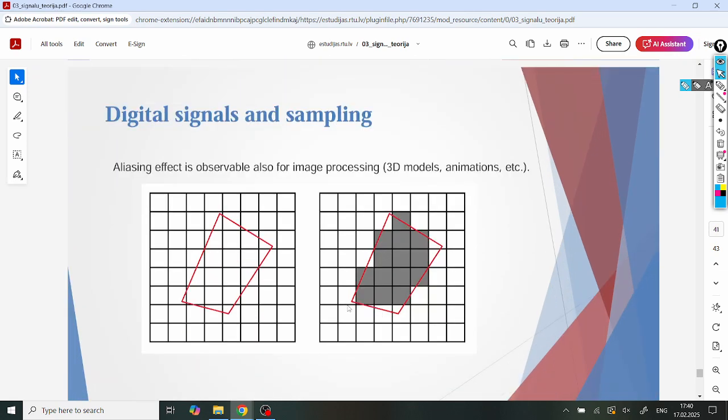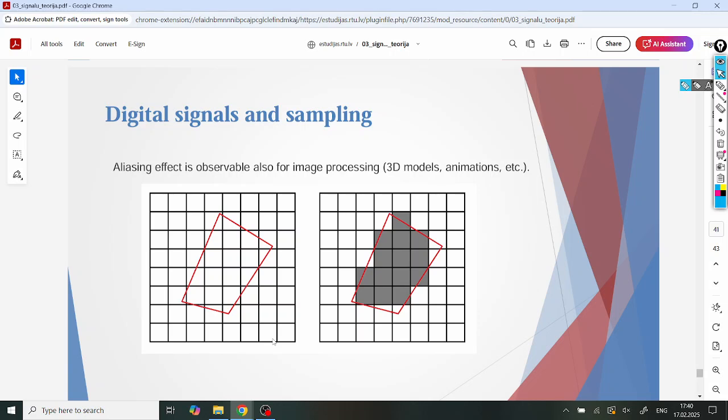Now, aliasing effects also work in graphics. So if you happen to work in 3D modeling, animations, drawing, etc., you probably know that if you work with raster graphics with pixels and you zoom too much, then they become these square pixels.